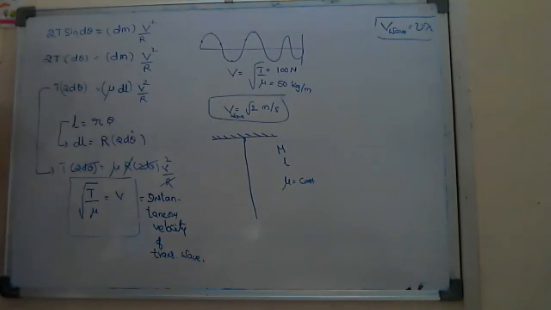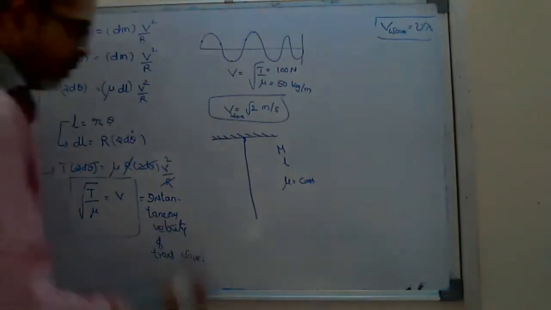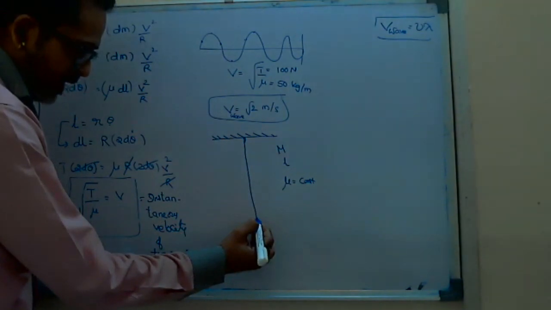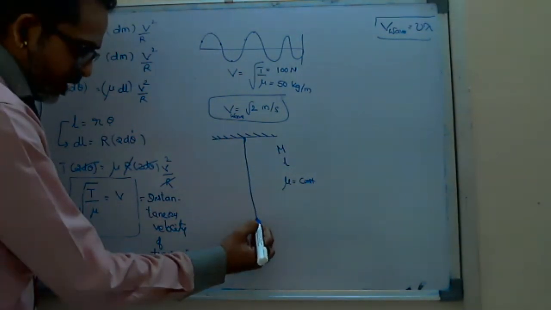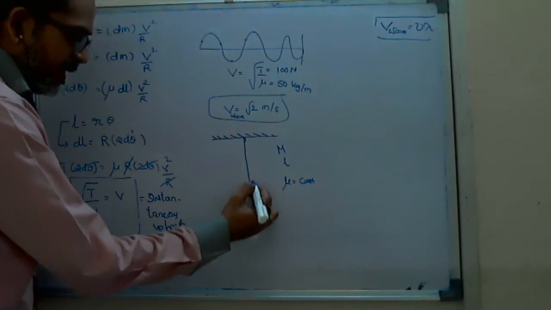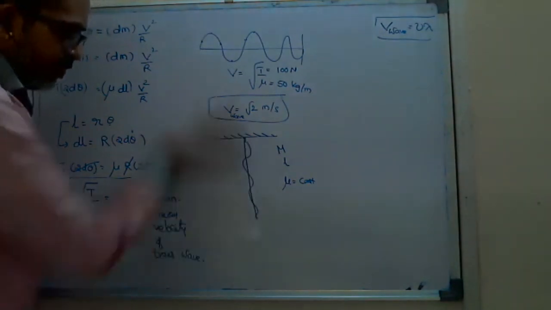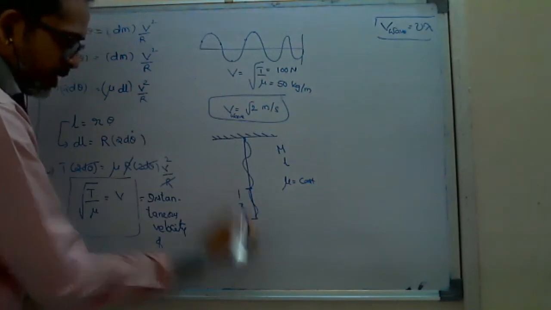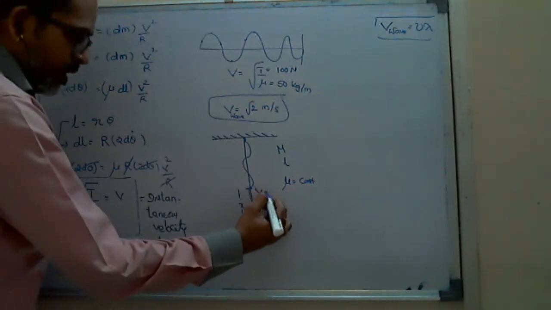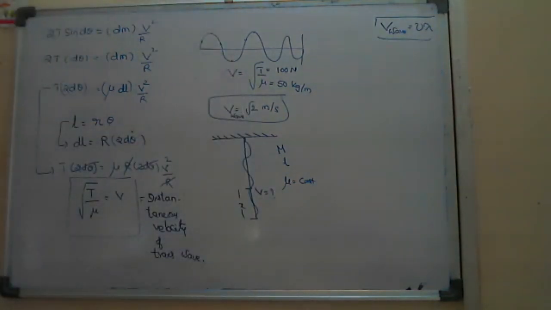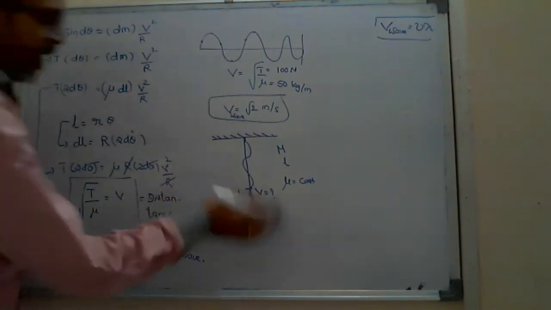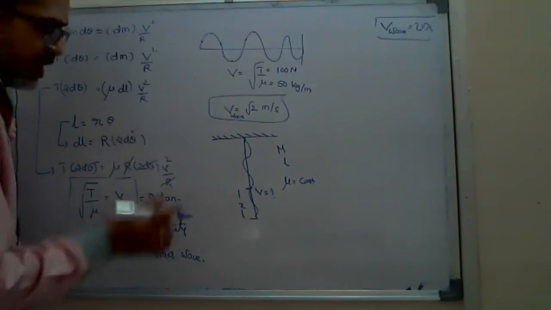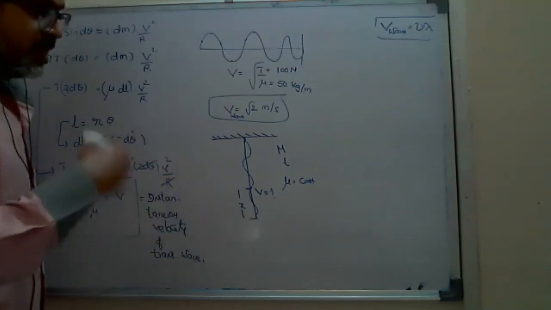Now I am asking what will be the velocity of the wave when it is started from here, and while propagating as a transverse wave at a distance x from the lower point. If you find the velocity is not constant, then it is changing.